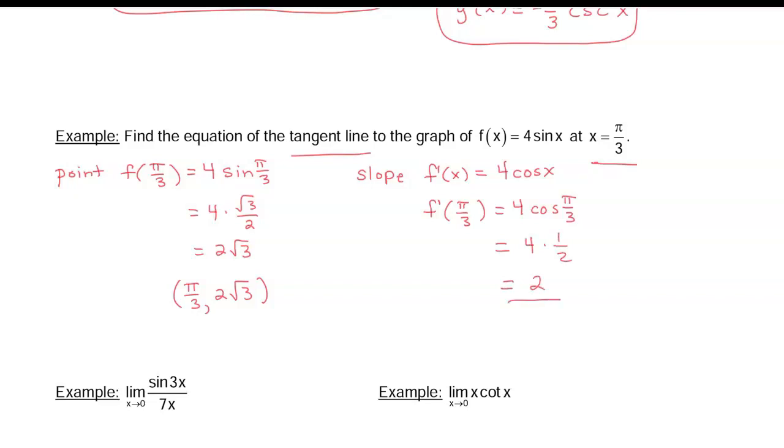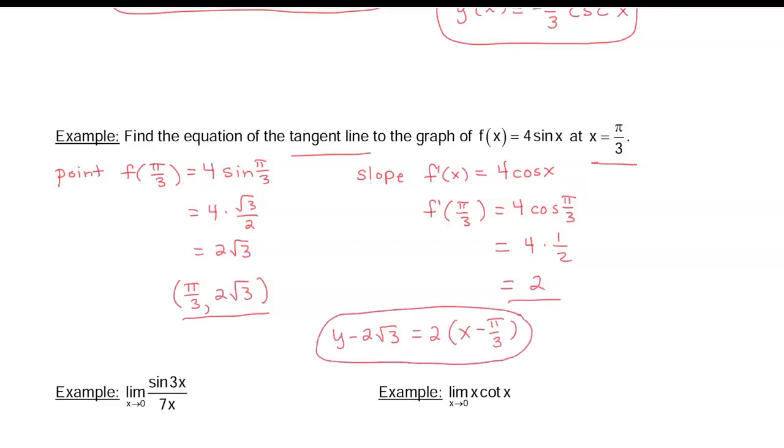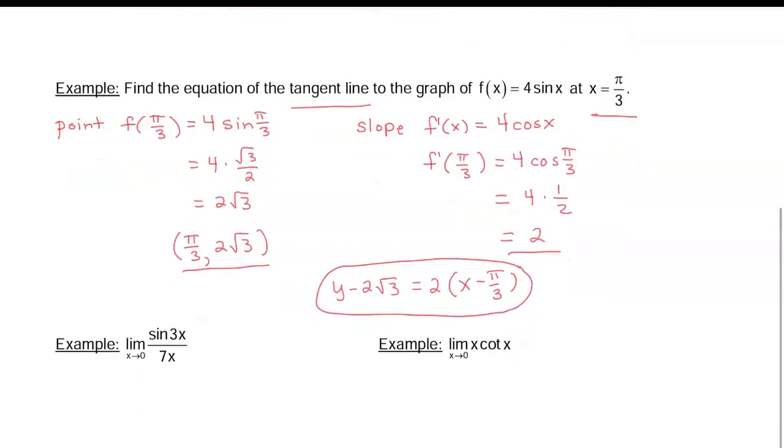So I have a slope and I have a point, and I can write the equation of the line. y minus 2 root 3 equals 2 times x minus pi over 3. So I use point slope form, and when you do, you can be done. You do not have to change that equation. You could leave it in that form.